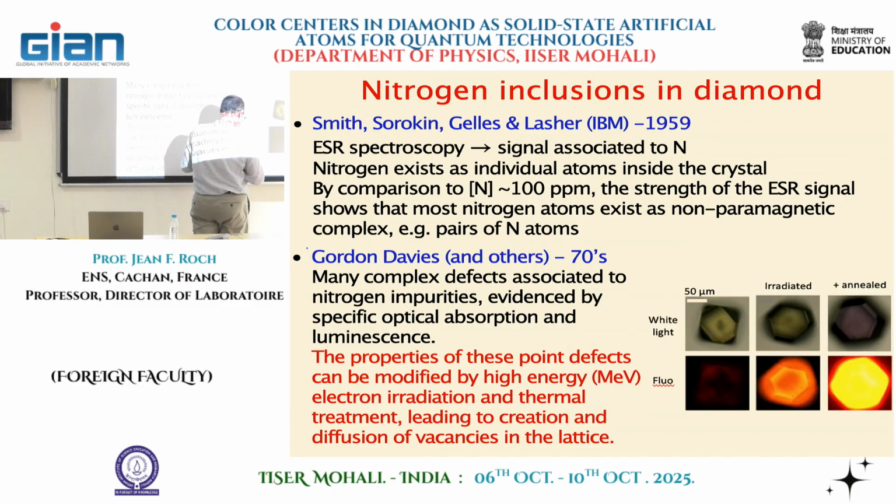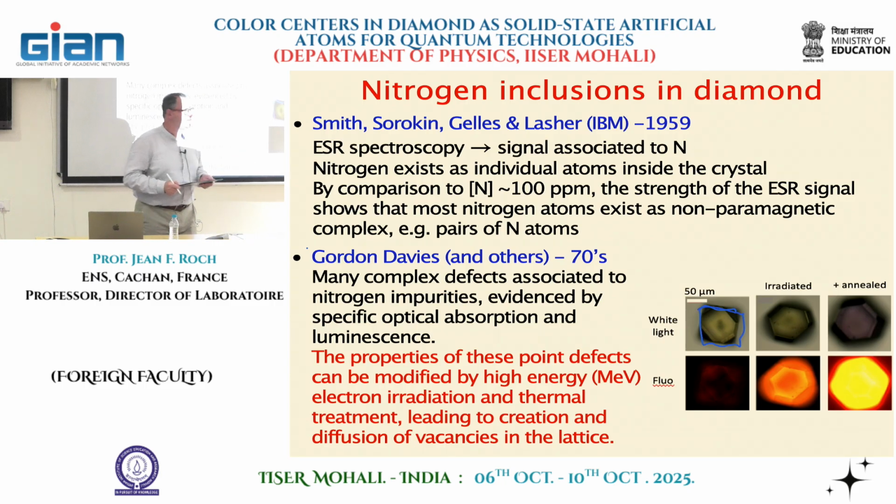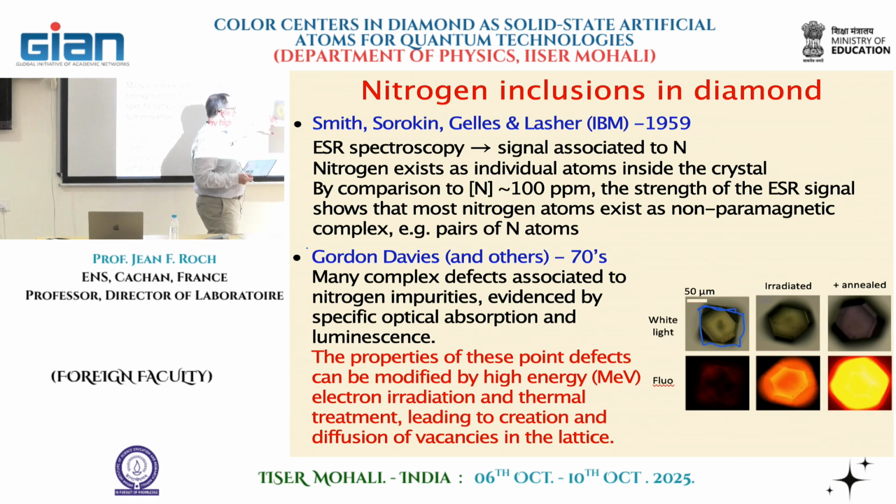You have here microcrystals. This is a microcrystal of about 100 micrometers. We start just by looking at it both in white light and the luminescence under green laser excitation. And basically, you see approximately nothing.